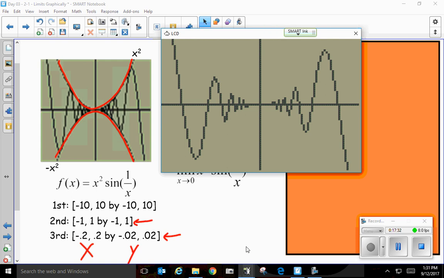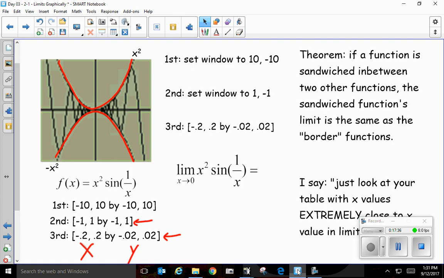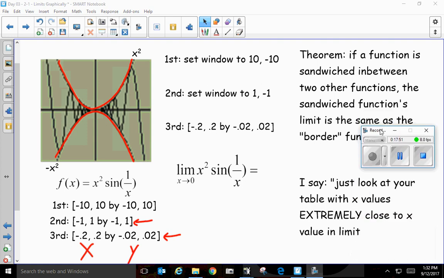Let me explain something, children. There's a theorem. If a function is sandwiched between two other functions, the sandwiched function's limit is the same as the border functions'. Okay? I say, just look at your table with x values extremely close to the limit.